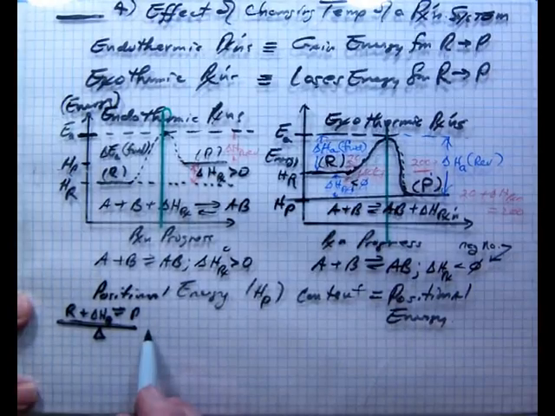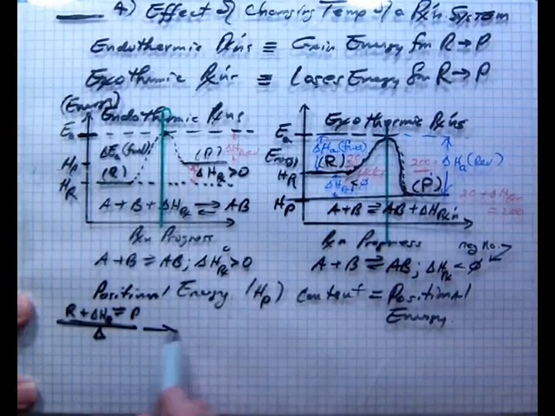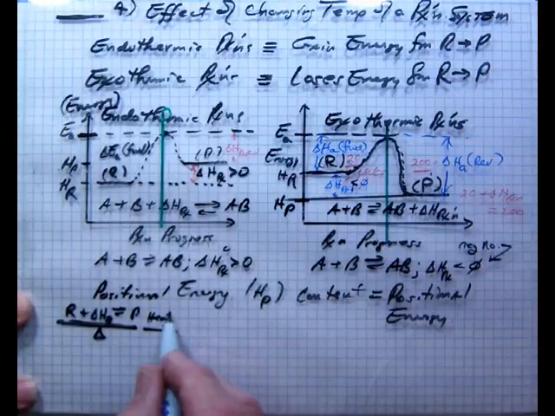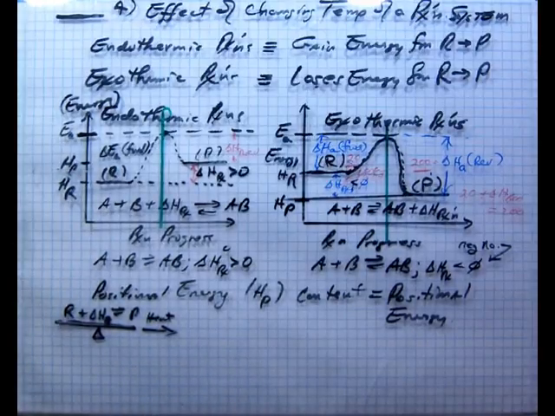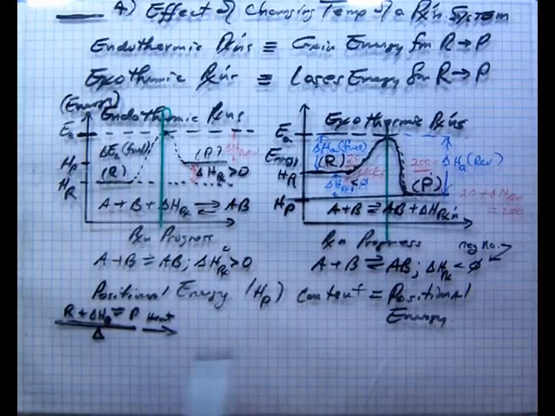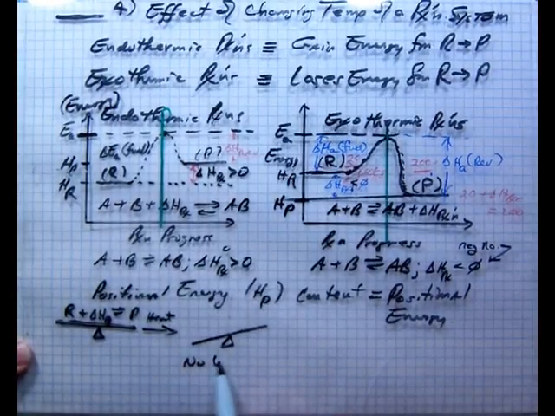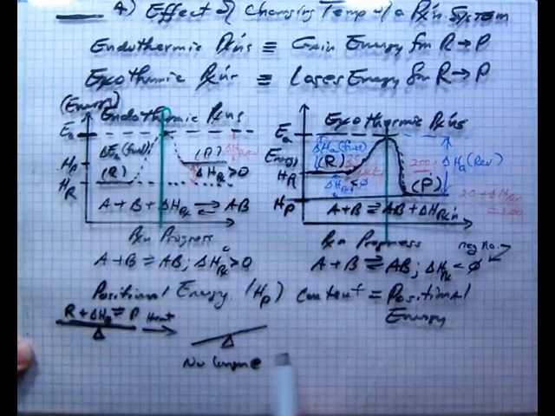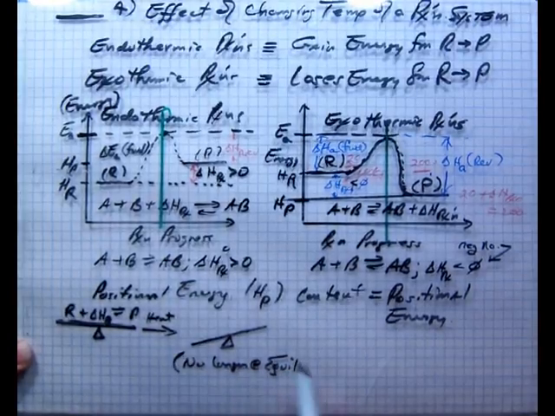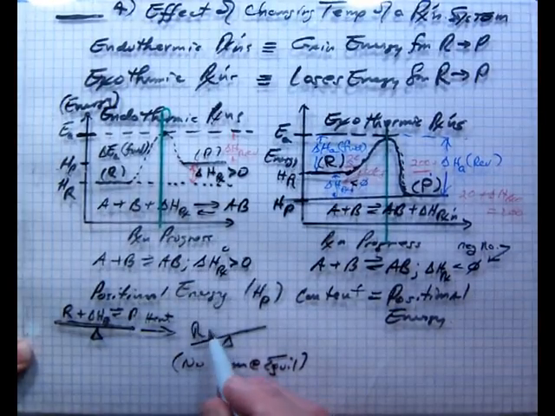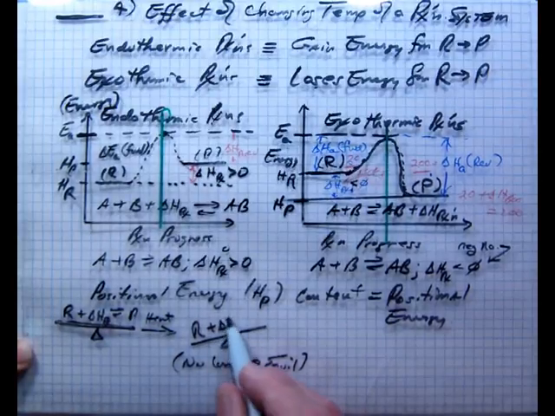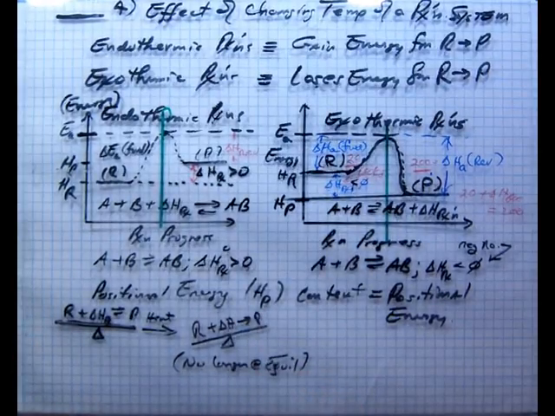And if you heat this, now get this, if you heat it, you are disturbing the equilibrium. When I say disturbing the equilibrium, what I mean is the result is no longer at equilibrium. You don't have a double arrow.